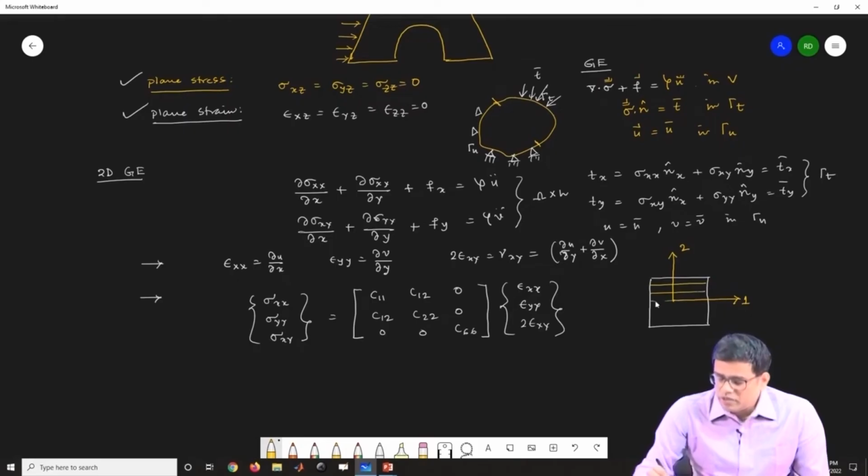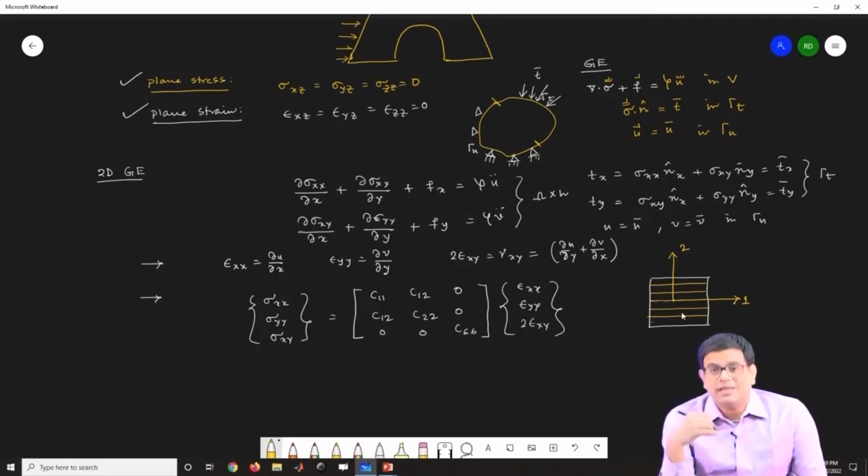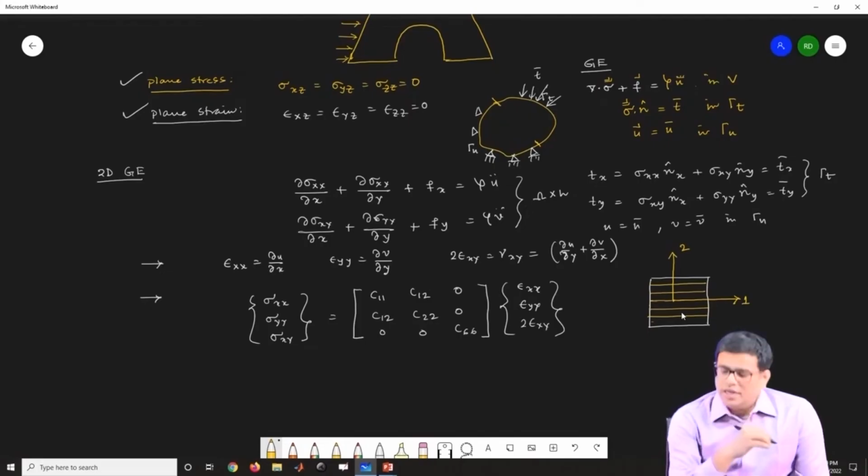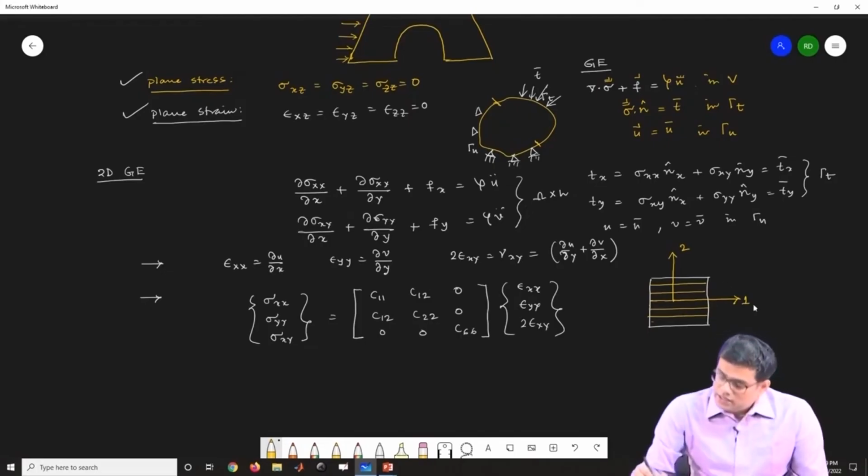So here the axis of the material coincides with the structural axis. That means this is my structure, that is my x direction, and this is my y direction.